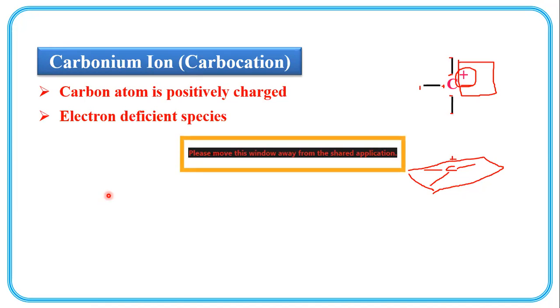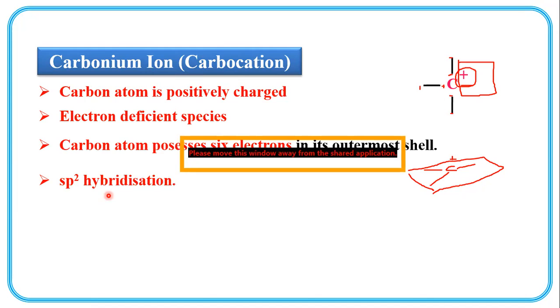It is electron deficient species. Carbon atom possesses 6 electrons in its outermost shell. It is sp2 hybridized carbon.